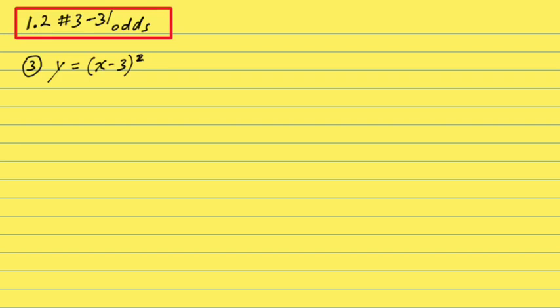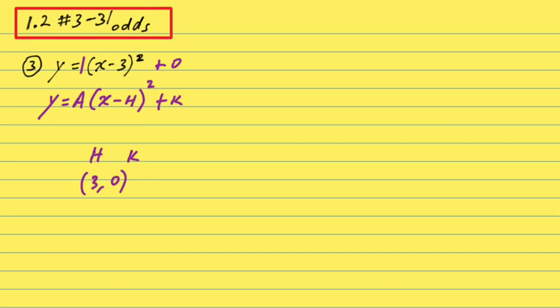This is what's called vertex form. Vertex form is y equals a, which happens to be a 1, x minus h, which happens to be, so h would be a 3, plus k. K in this case would be plus 0.